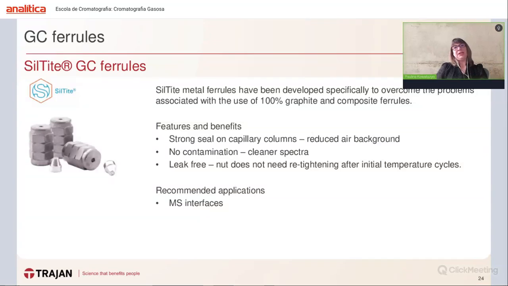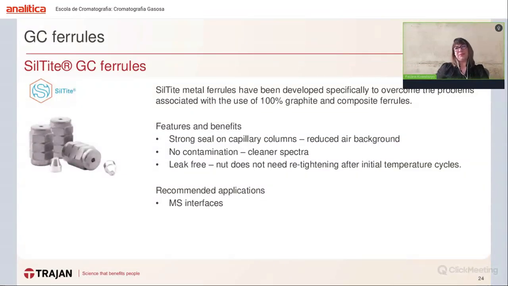And I've mentioned here that we do have also available metal ferrules. And the siltite metal ferrules, they have been specifically designed to overcome the issues associated with use of the graphite ferrules.